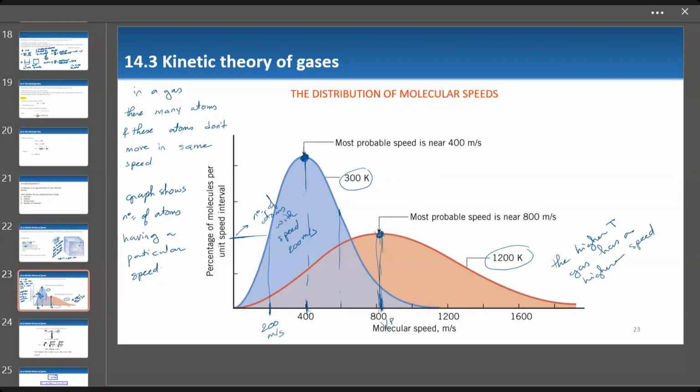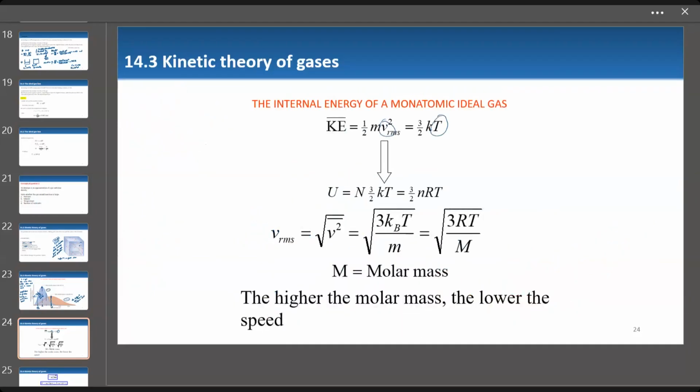Now, there's something else I might be interested in for a gas, not just the most probable speed, but maybe I might be interested in the average speed of all of the molecules. We name this VRMS. So we can also define the RMS speed.